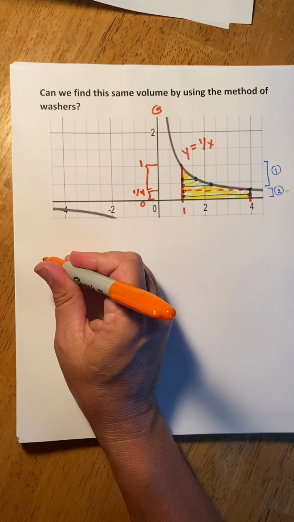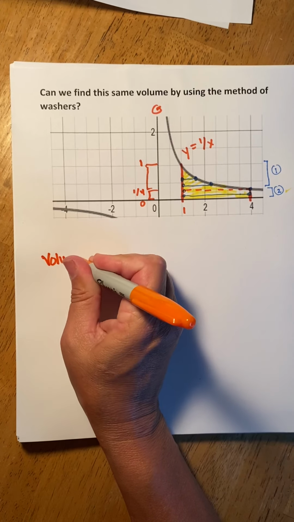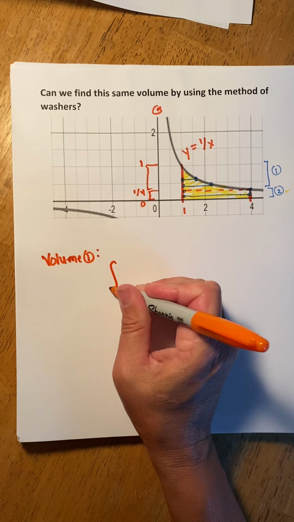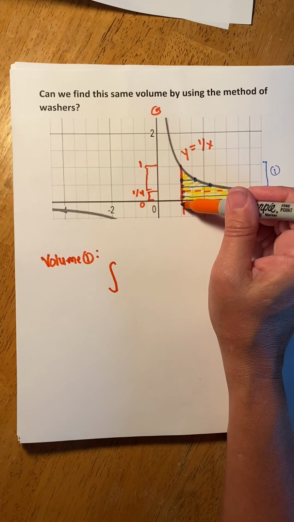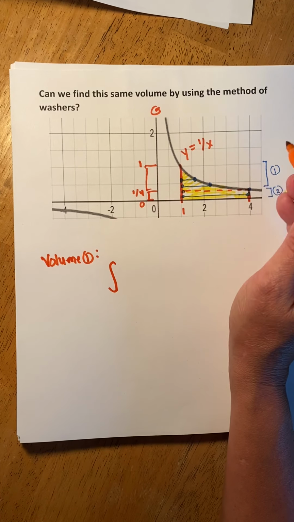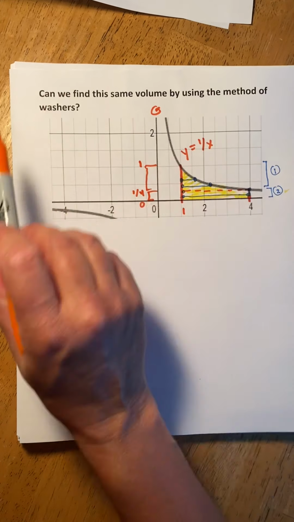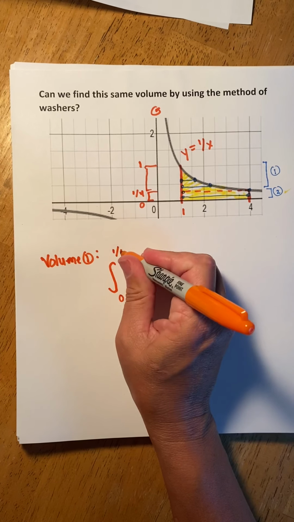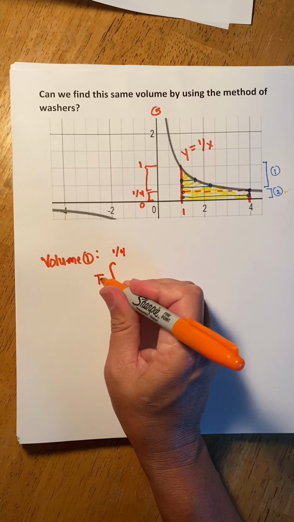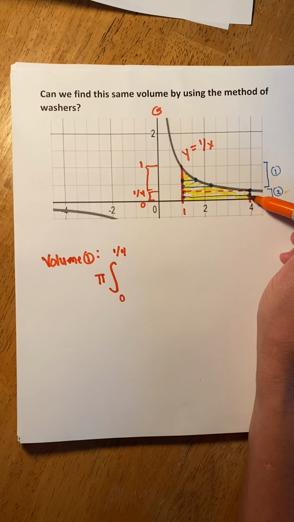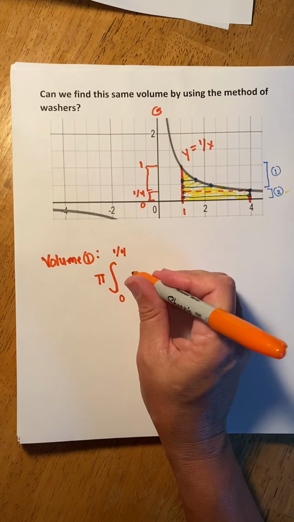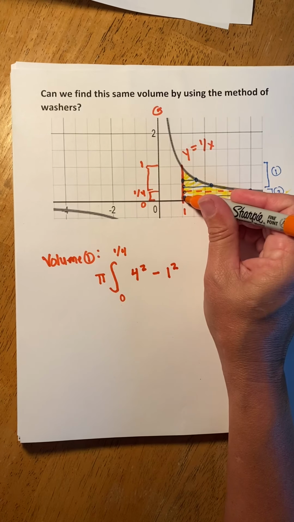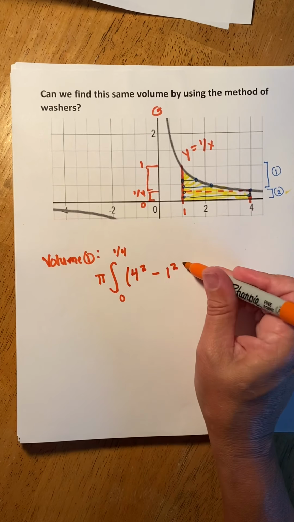So my first volume, we now have to integrate with respect to y because we are doing washers and we are rotating vertically. So my y's go from 0 to 1/4. We pull the pi out front, and then it's my outer radius, which is 4 squared, minus my inner radius, which is 1 squared, dy.